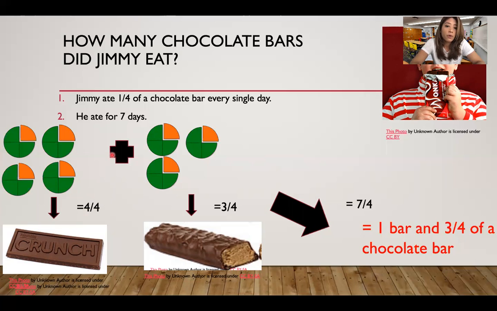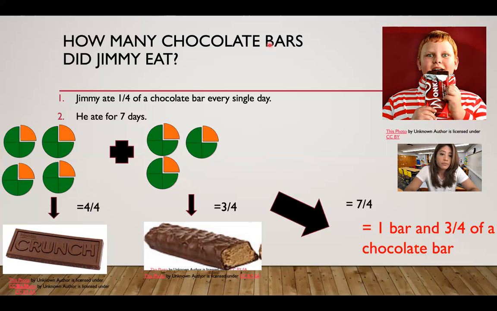So 4/4 give you one whole chocolate bar. Now, that's 4/4. However, we want to get to 7/4. So I am going to continue adding 1/4 until I get to 7. So I have not gotten to 7 here. This is just one full chocolate bar.